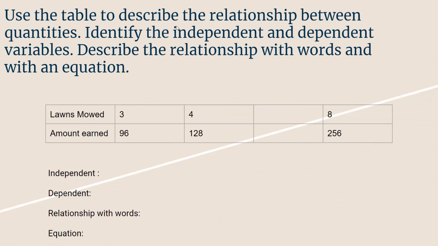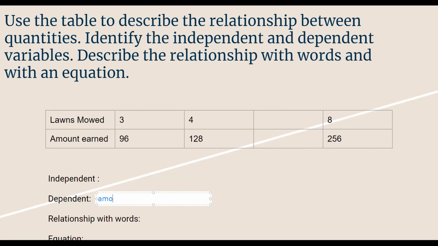If I mow one lawn, it's going to change how much I earn. So how much I earn depends upon how many lawns I mowed. So my dependent variable is the amount of money that I earn, which would mean my independent variable is the number of lawns that I mowed.